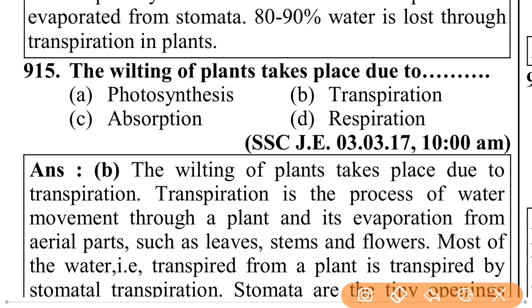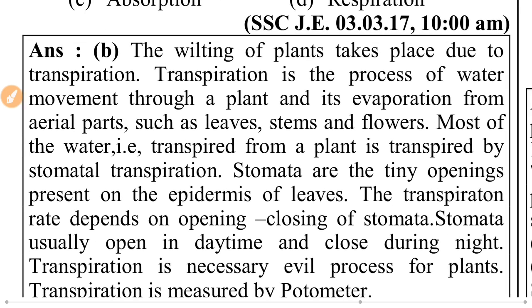The building of plant takes place due to transpiration. Transpiration is the process of water movement through a plant and its evaporation from aerial parts such as leaves, stems, and flowers. Most of the water transpired from a plant is transpired by stomatal transpiration.